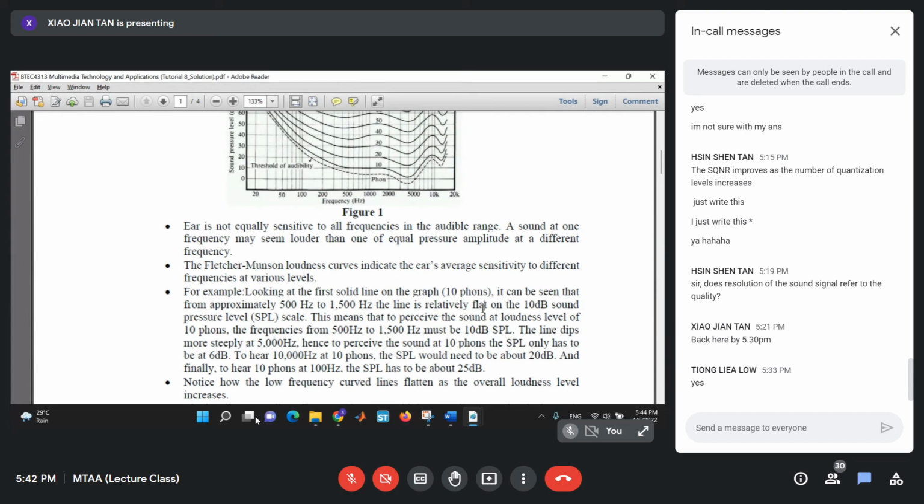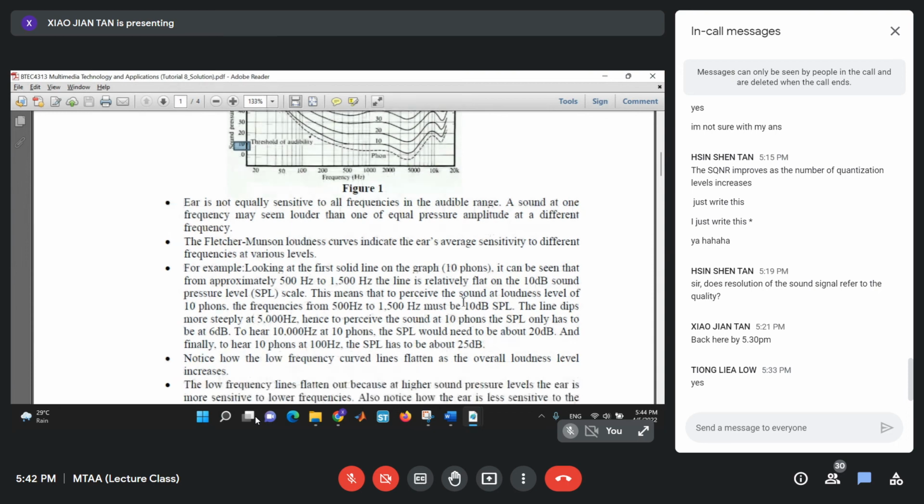So this means that to perceive sound at a loudness level of 10 phons, the frequency from 500 Hz to 1.5 kHz must be 10 dB SPL. If less than 10 dB SPL, for example maybe 5 or 9, you will be unlikely to hear it. The line dips more steeply at 5 kHz.